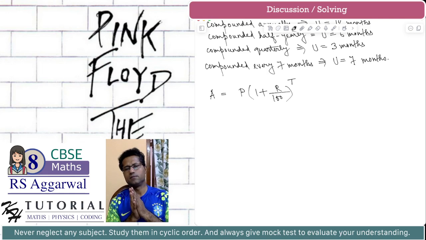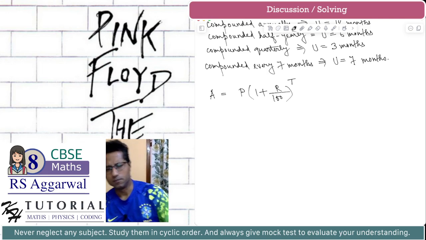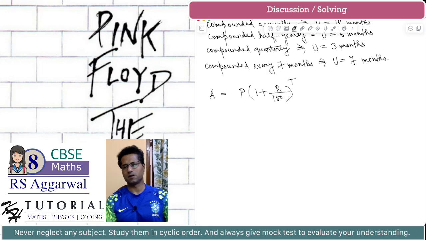This is the formula of amount based on the principal P and the rate of interest per annum R for a time period of T years, where the interest is compounded annually. Now what will be the formula if the interest is compounded half yearly? In that case, we will replace R by R/2.